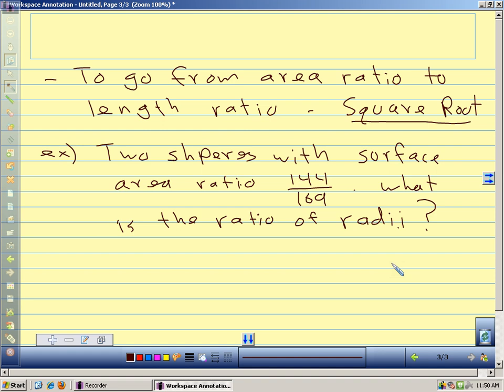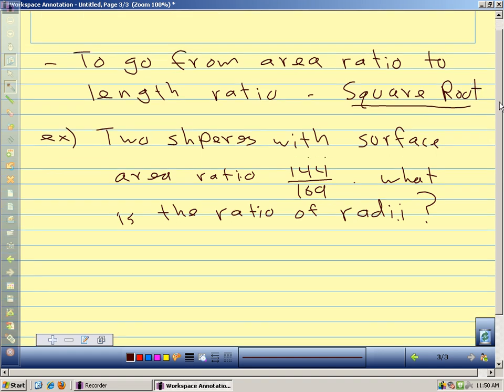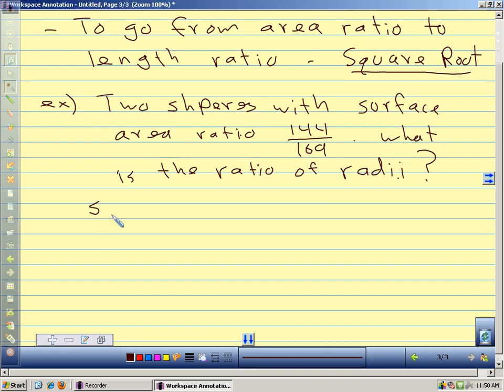No, a sphere is a sphere, right? So two spheres are always similar.